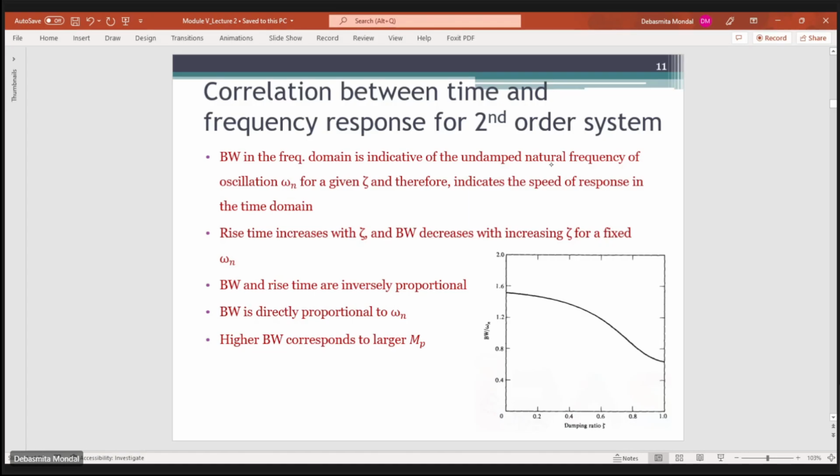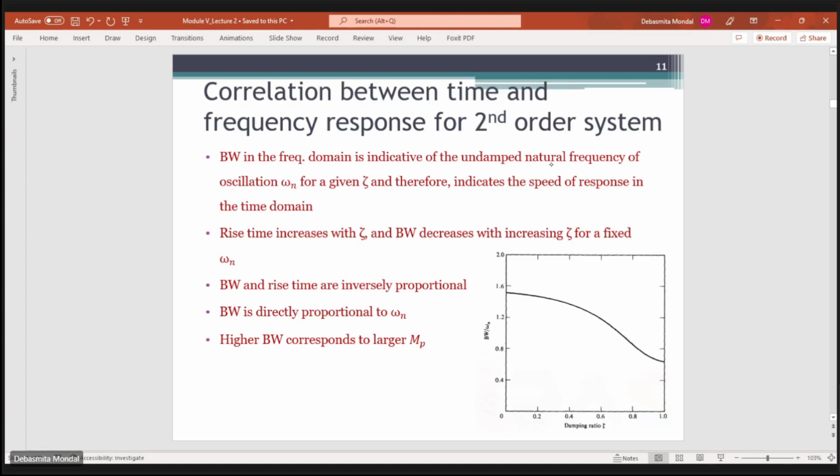They are inversely correlated. If you increase the value of zeta, then bandwidth decreases, but at the same time the rise time increases. The system becomes much faster in response, but the bandwidth of the system reduces, that is at the cost of reduced stability of the system.